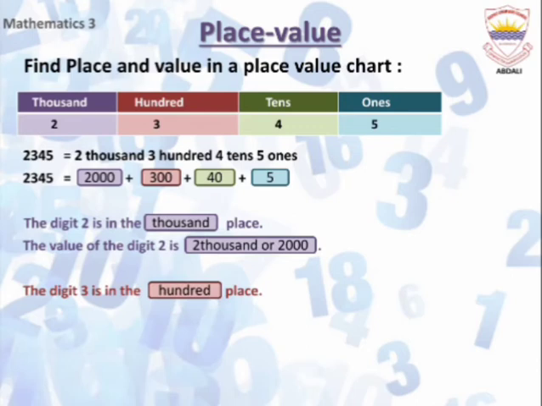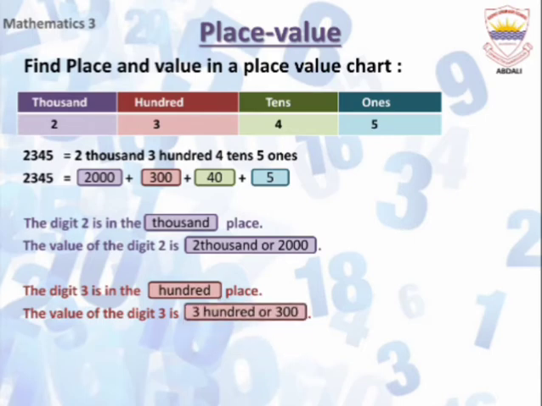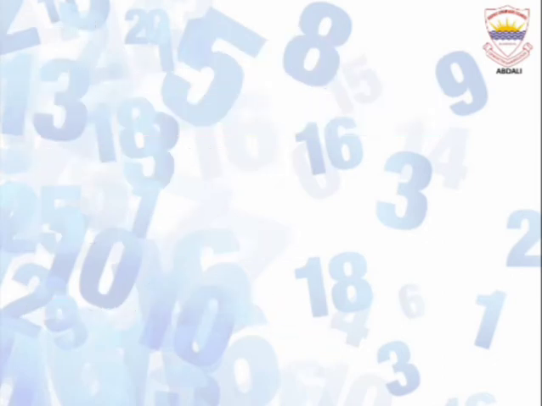Now students, let's find the value of digit 3. The value of digit 3 is 300.